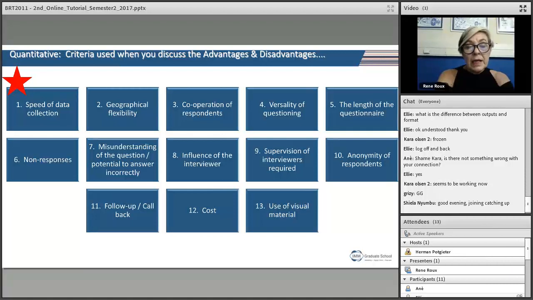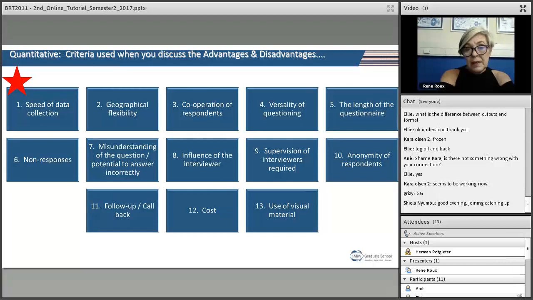If you need answers within a day, you will not be able to do a mail survey because it goes through the postal network. It takes time to get delivered. Then you're dependent on someone to complete it and mail it back. Maybe a telephonic interview will be better. So look at the speed of data collection.